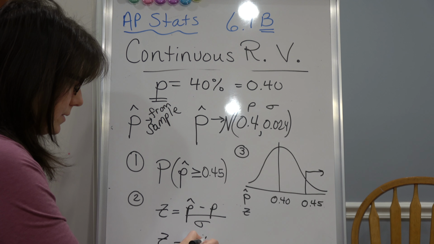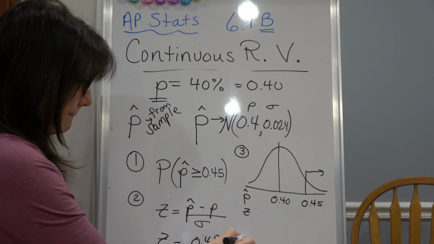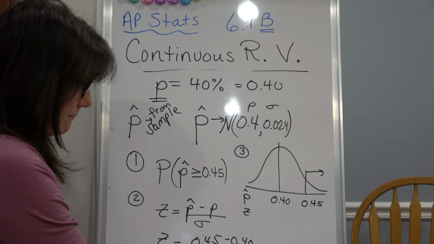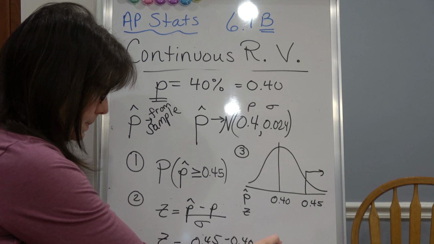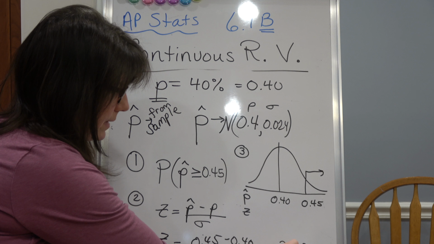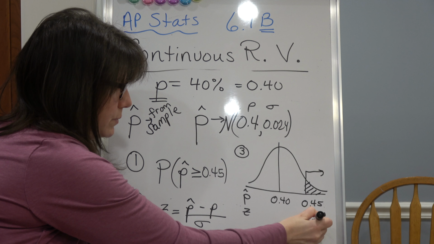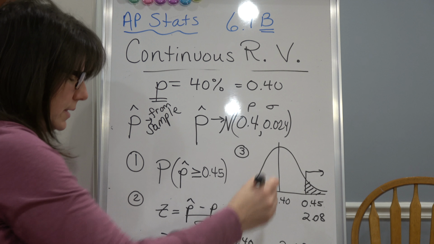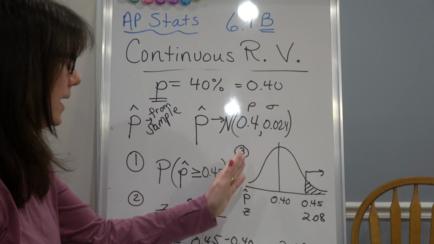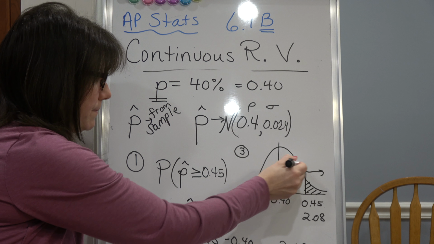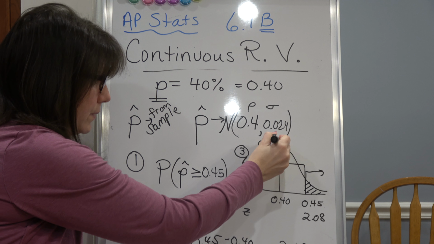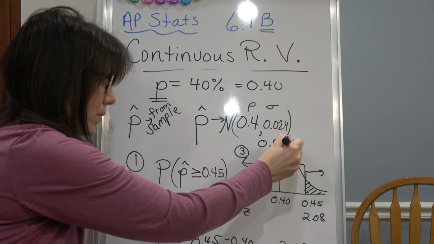Not that you need me for this. We got 2.08. And we're looking for this area here with the z of 2.08. So we would look that up. The area to the left on the table is 0.9812.